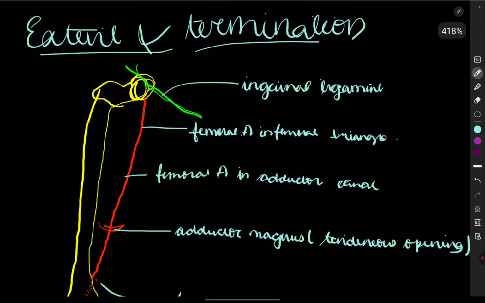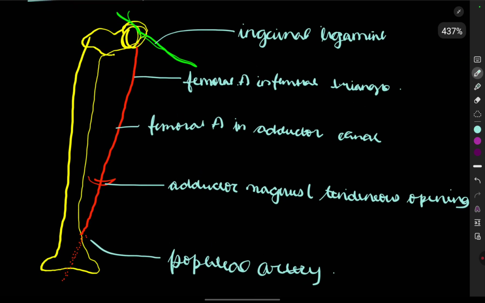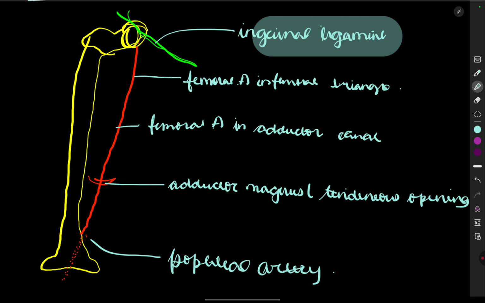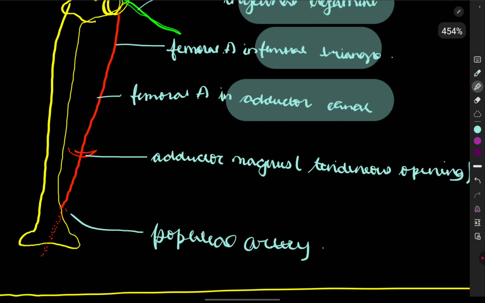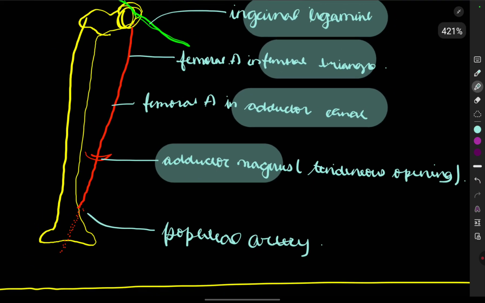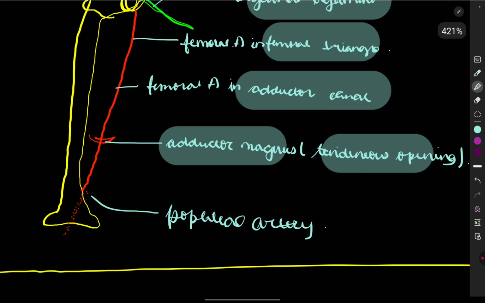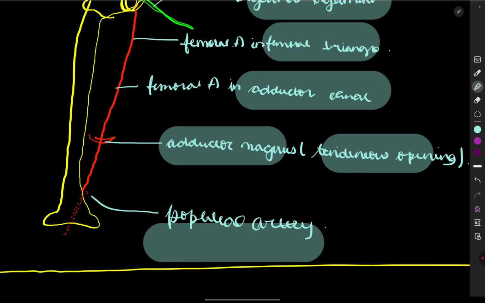And now we are going to see the course, extent and its termination. As I had already told, the inguinal ligament and the femoral artery in the femoral triangle, then the adductor canal. We will also study the adductor canal in upcoming videos. This is the tendinous opening of the adductor magnus, and then it continues as the popliteal artery on the posterior side.